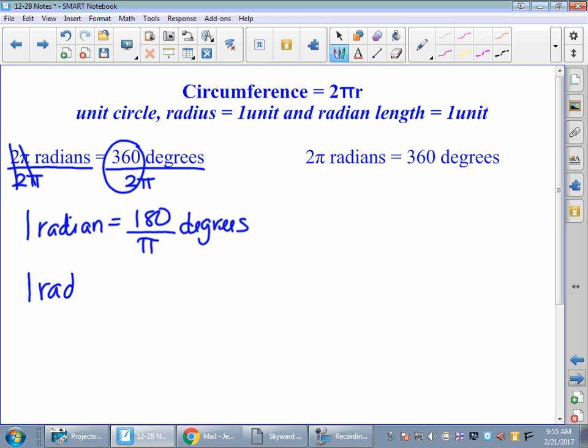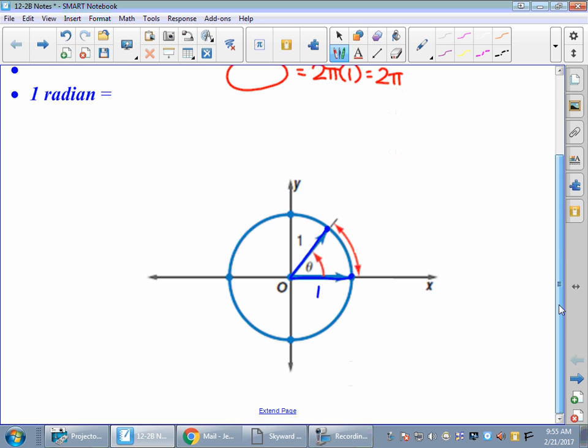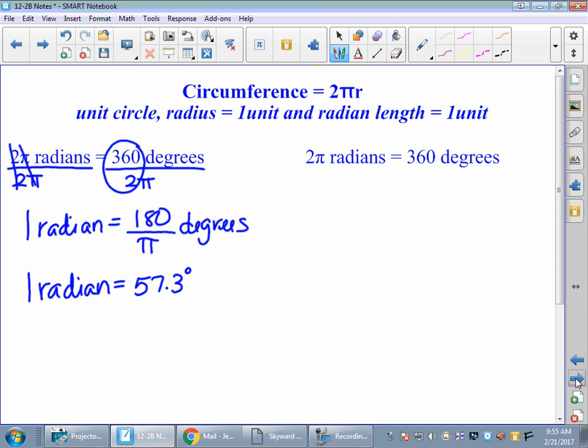So 1 radian measure is equivalent to 57.3 degrees. And so when you look at that opening from the previous page, that's how big this opening right here is. And if you look at our unit circle, this is 90 degrees. 45 would be right in the middle, so it's just above that 45, almost 60 degrees. That's what one whole radian is equivalent to.